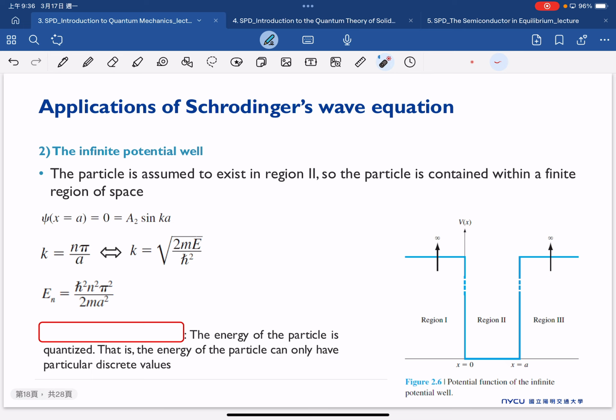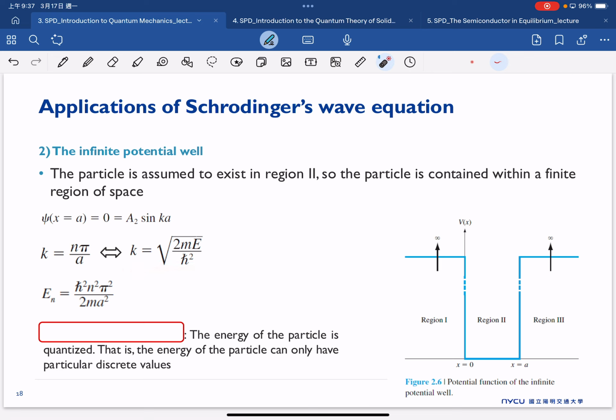Therefore, we can further consider the equation assuming here that k is equal to. This is based on the property of a standing wave, where our wave number can be expressed as n times pi over a, and our wave number k can also be expressed by this equation as well.